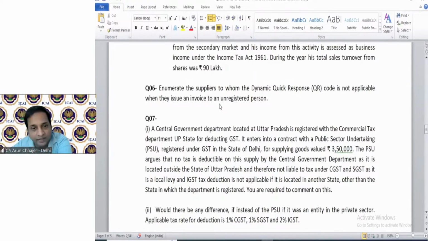The question is very simple: when is the dynamic QR code not applicable in case of a B2C transaction? So I request everyone, give me the answer. It is a very simple and theoretical question, nothing special.